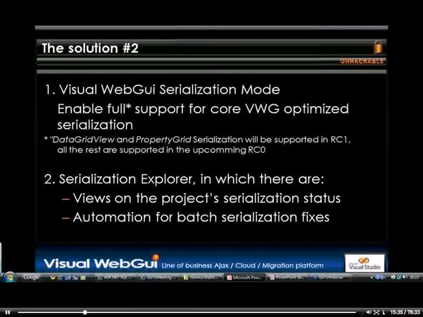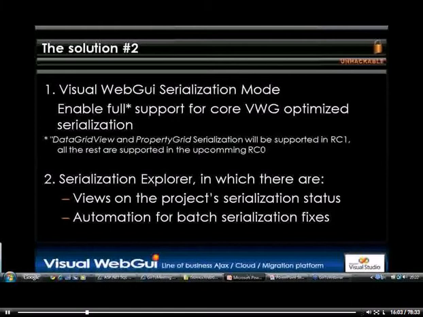So, except for those two, we have support for all the controls and all the concepts, for example, data binding and all of those. And we did some massive work to optimize this into something that will eventually let you guys create highly scalable applications. And the second thing we've created in order to assist you to create a scalable application is the Serialization Explorer.